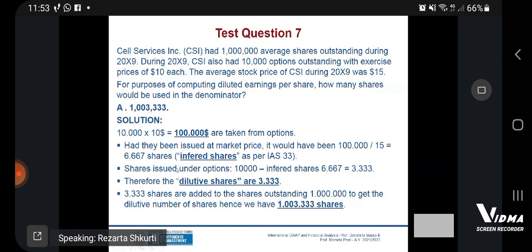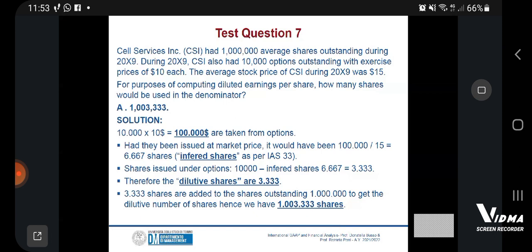So how do we do the calculations? 10,000 options are exercised at $10. That means that we have proceeds of $100,000. Had they been issued at market price, it would have been 6,667 inferred shares, referring to the terminology required by IAS 33.